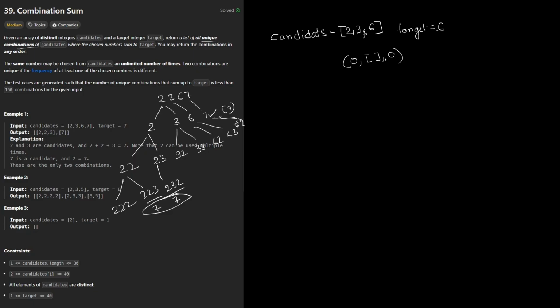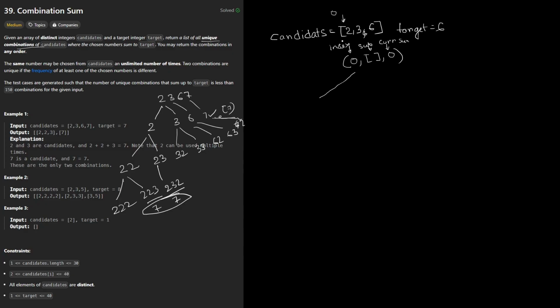What does it mean? Let me explain. 0 is basically the current index I am at. This is the subarray that we are forming, and this is our current sum. So it will be starting with this index which is at the 0th position. From here, I have two options.